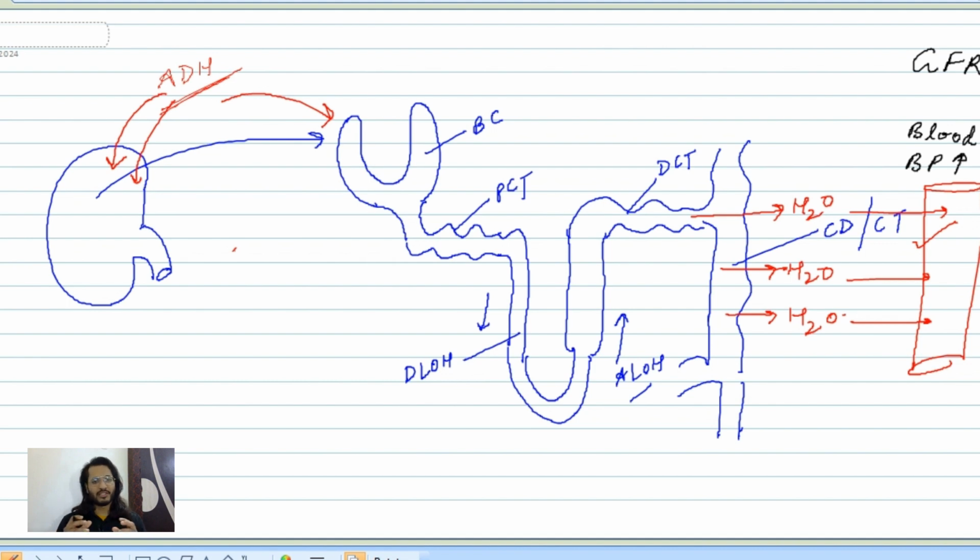Vasopressin also causes constriction of the blood vessels, which increases our blood pressure. This is a very important hormone. When there is fluid loss from our body due to respiration or sweating, less water present in our body, or a decrease in blood volume and blood pressure, ADH production increases. This ADH is also part of the RAS mechanism.